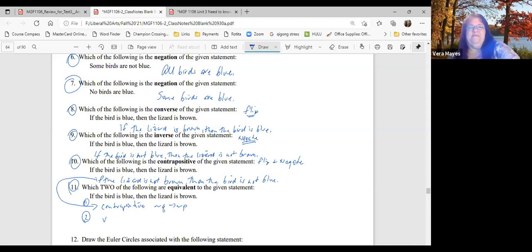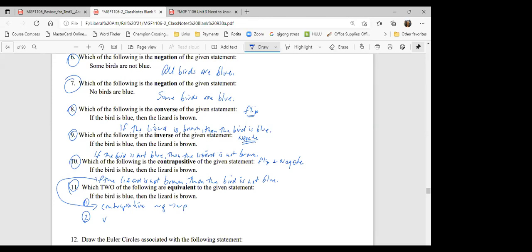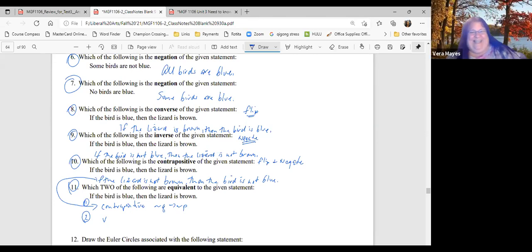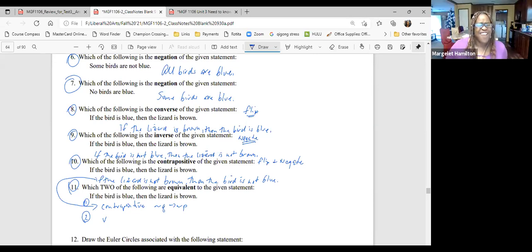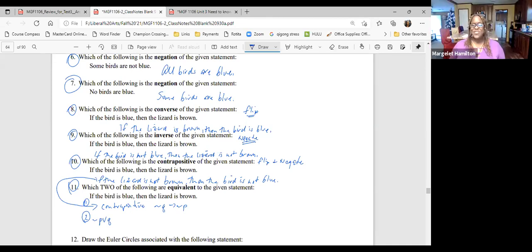Sure. That's a big old hint. That's the whole thing. We already had the or. Well, true. Okay. So we have to negate the P or Q. So that's our second equivalent statement.